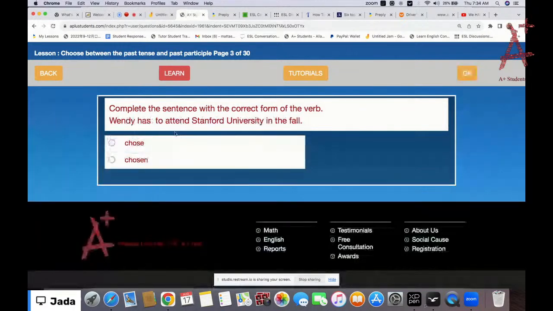Thank you. So Wendy has dash to attend Stanford University in the fall. So what's going to be? Is it chose or choosing? So what's going to be the answer here?